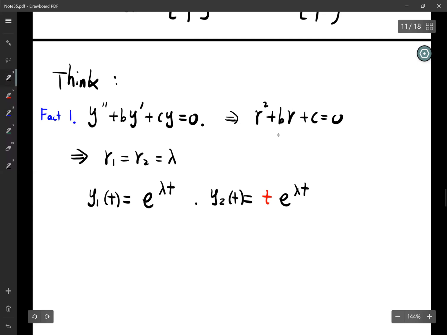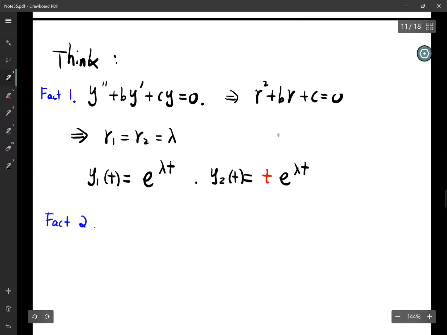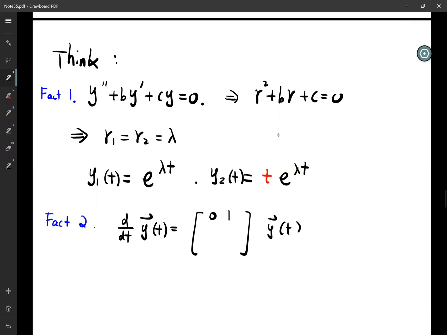Fact 2 is I can convert this thing into a first order equation array, which is d/dt of (y, y') equal to, this must look like (0, 1). Then I move things to the right hand side. This is minus c, minus b.